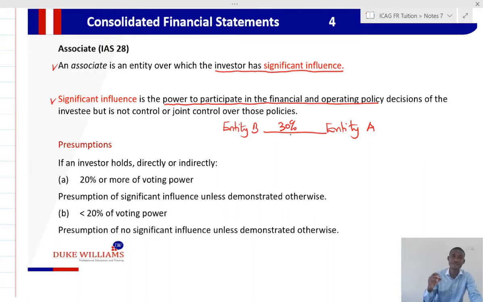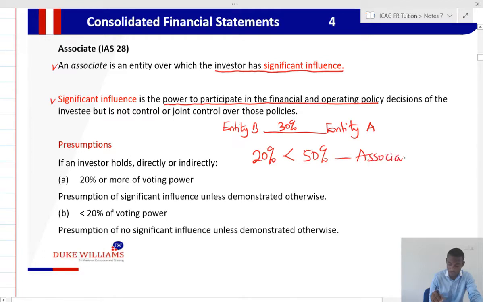Now, under the standard IAS 28, there is a presumption that investments of 20% or more, up to 50%, constitute an associate. There is this presumption, unless otherwise proven that it is not an associate relationship. So when we have investment of 20% or more but less than 50%, then we're saying that the investment creates an associate relationship between the investee and the investor.